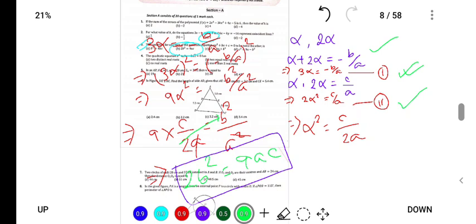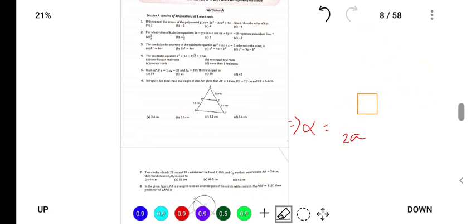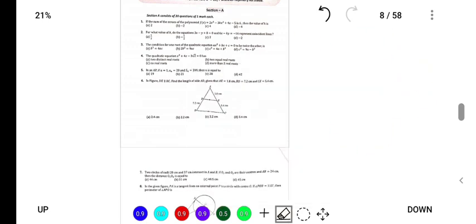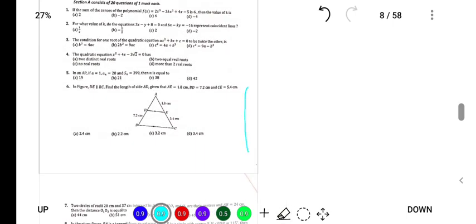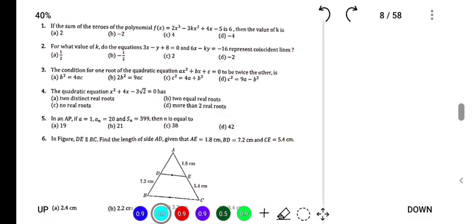Then we put down the value of alpha square from equation 2, and finally we got it. Okay, fine. If you have any problem, then you can text me in the comment box, or you can also send an SMS to me. Okay, so this is number 3.